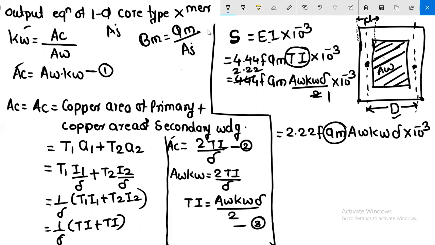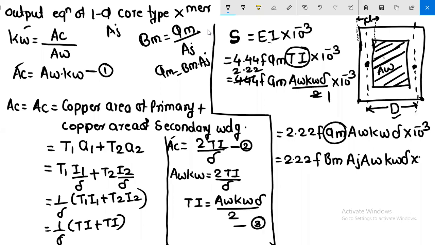So what is the value of phi m here? What can I find out? Phi m is equal to Bm into Ai. If I put this value here, what does it become? 2.22 F, phi m is equal to Bm into Ai, AW, KW, del into 10 to the power minus 3.